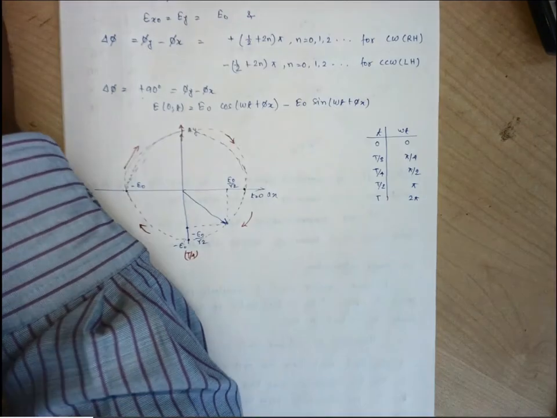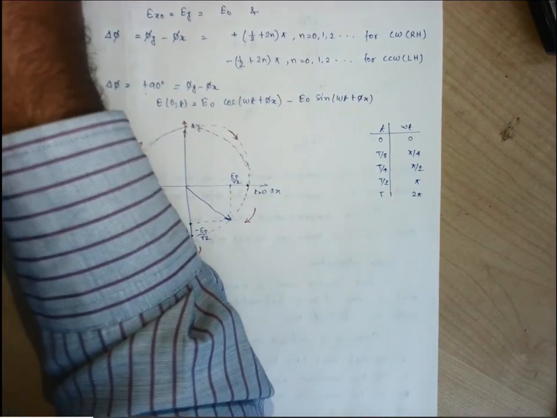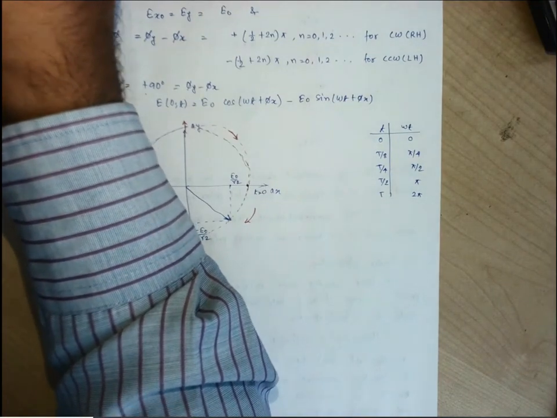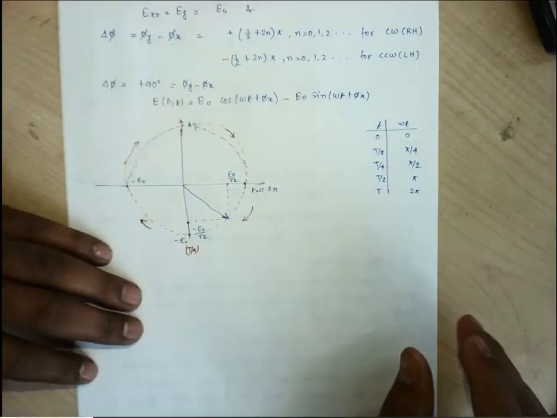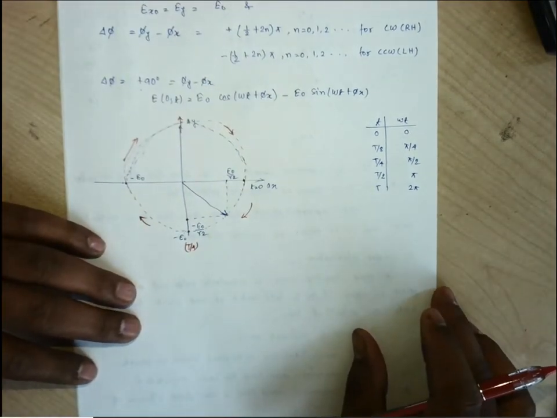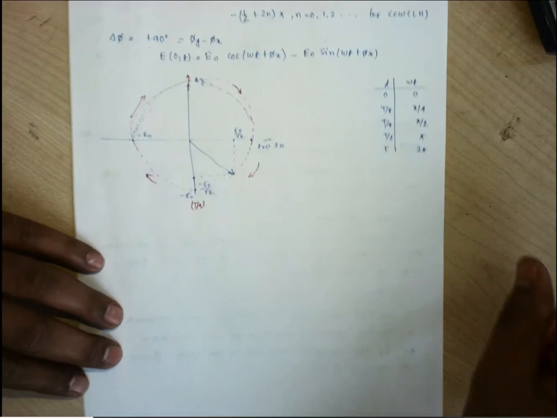Elliptical polarization is very simple if you have the understanding of circular polarization, or you can say circular polarization is a special case of elliptical polarization.